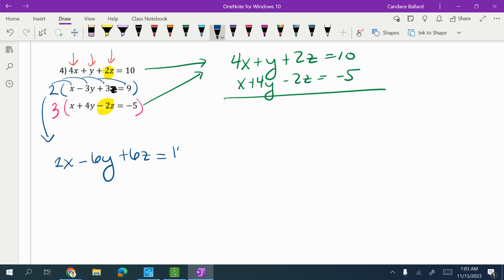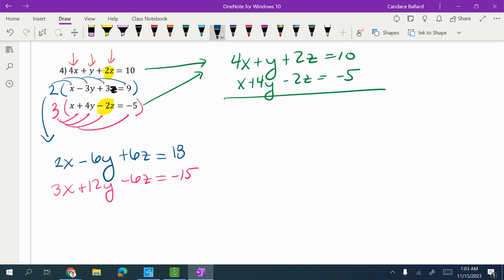And 2 times 9 is 18. I'm now going to distribute this 3 through all 4 of those terms there. So 3 times x is 3x. 3 times 4y is 12y. 3 times negative 2z is negative 6z. And 3 times negative 5 is negative 15.